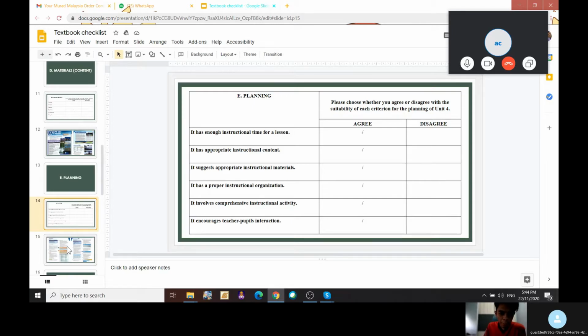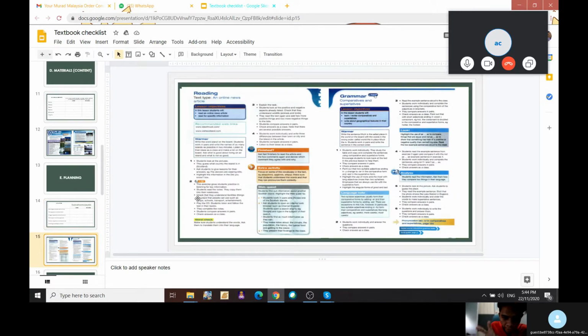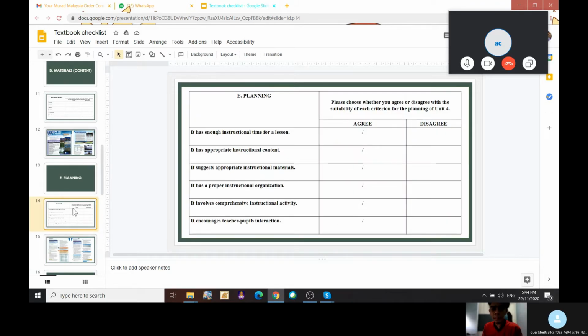And the textbook also has a proper instructional organization. As we can see, there are web quests there, and then on the top left corner for the reading part, the writers prepare lesson objectives first. They mention it first, and then they go to the activities. That is what it meant by proper instructional organization. Next one, it involves comprehensive instructional activities.